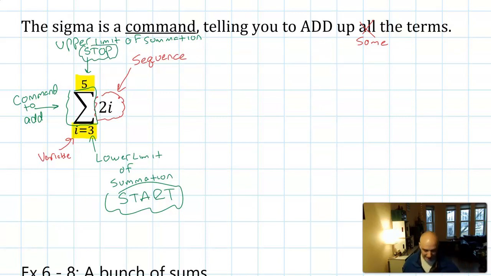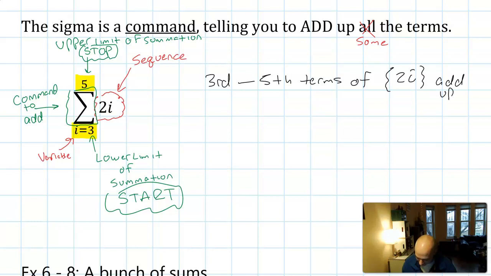So, how do we work this out? Well, it's basically telling us to write the third through fifth terms of the sequence 2i, and then add them up. So the index always goes up by 1 because it is part of a sequence.